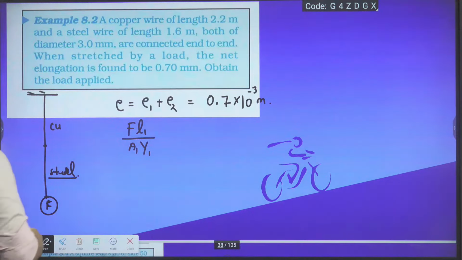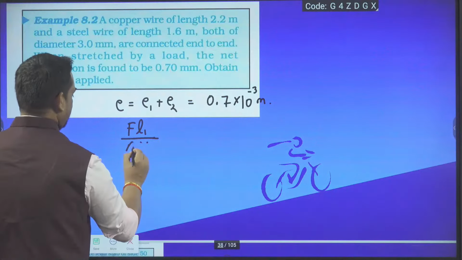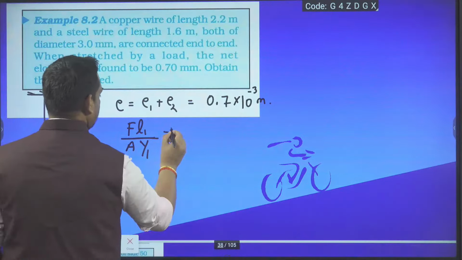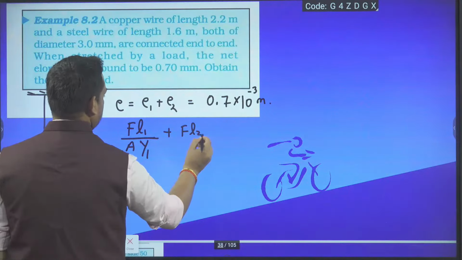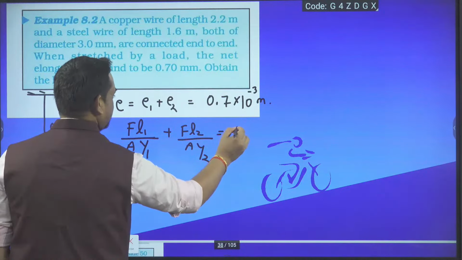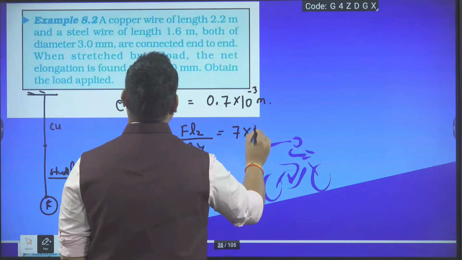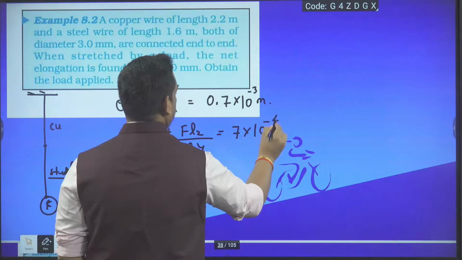Both diameters are the same, so the area is the same here. So A into Y1 plus F L2 divided by A into Y2 equals 7 into 10 power minus 4.